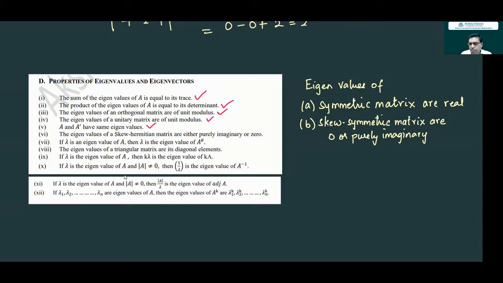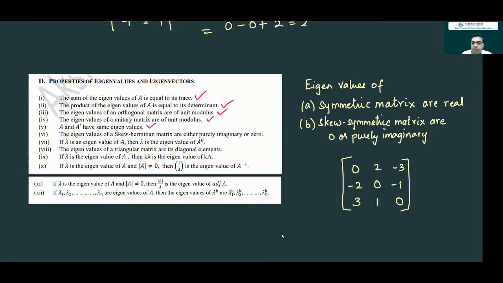What is a skew symmetric matrix? How does a skew symmetric matrix look? The diagonal elements will be 0, and across the diagonal elements numerically will be the same, but the sign, they will be of opposite signs.